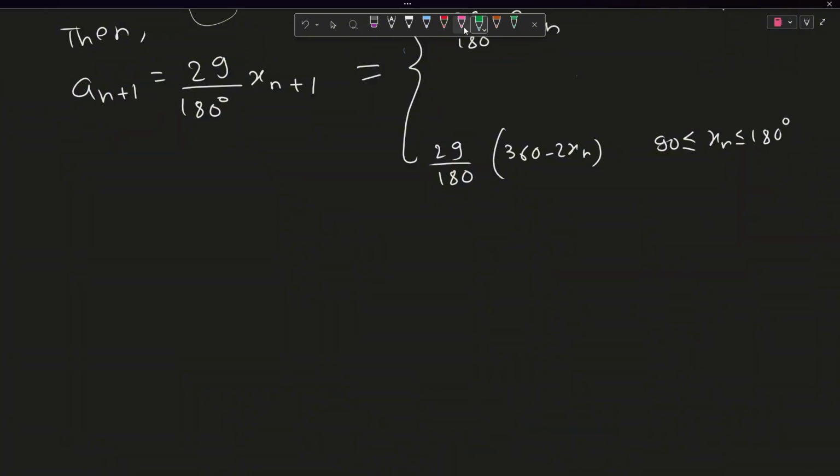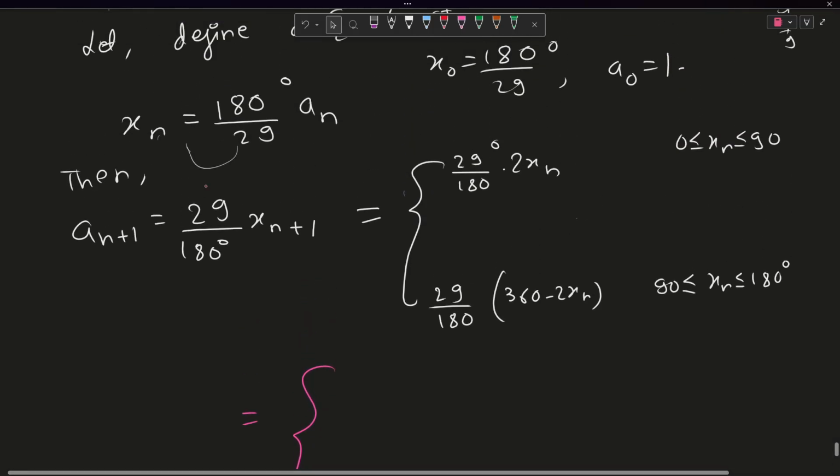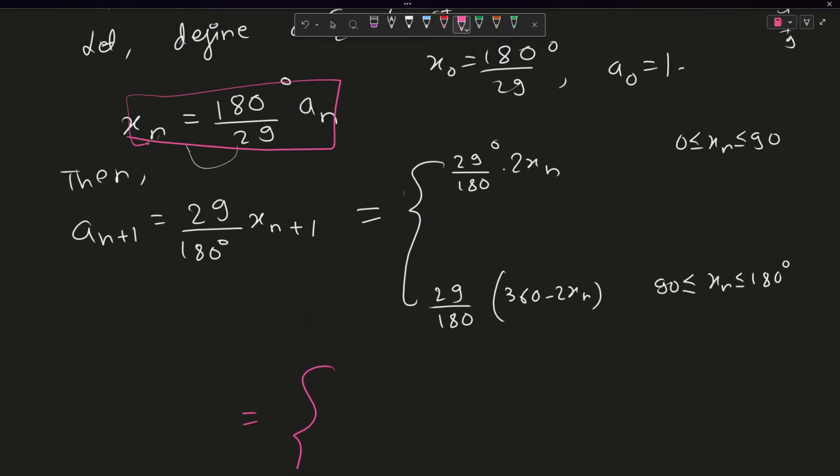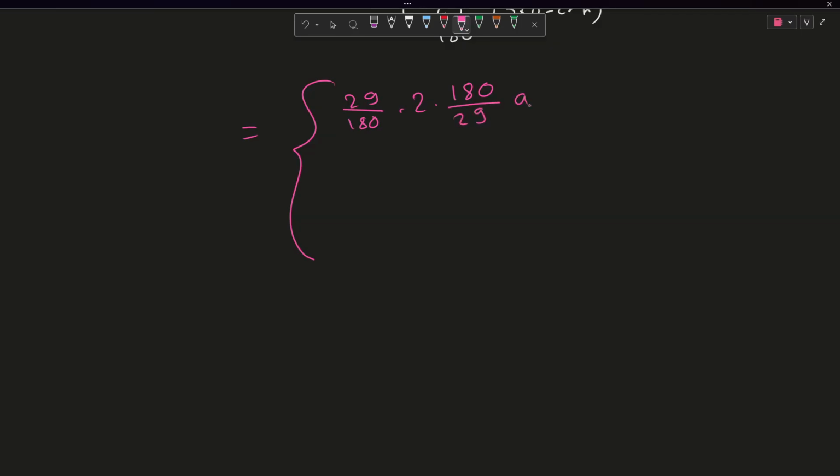Now we just again use this formula here. That is just 29 by 180 times 2 times 180 by 29 e of n, and this is n plus 1, and this is 29 by 180 times 360 minus 2 times 180 by 29 e of n.